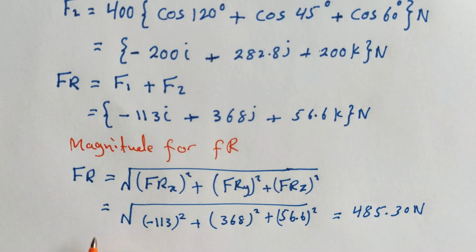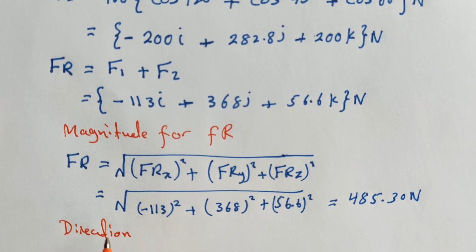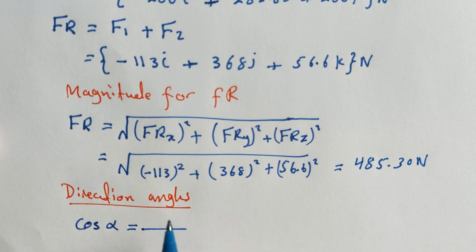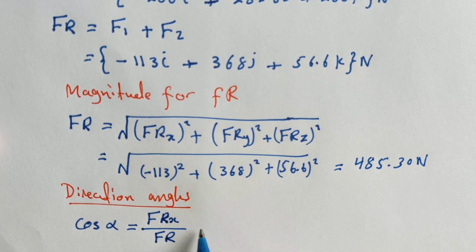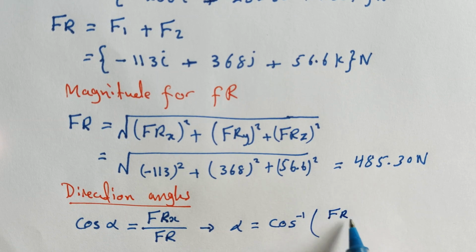So the direction angles, we know that cos alpha equals adjacent over hypotenuse, for the x it will be FR on the x direction divided by the magnitude of FR. From here we can solve for alpha, which equals the inverse of cosine of FR on the x direction divided by FR.